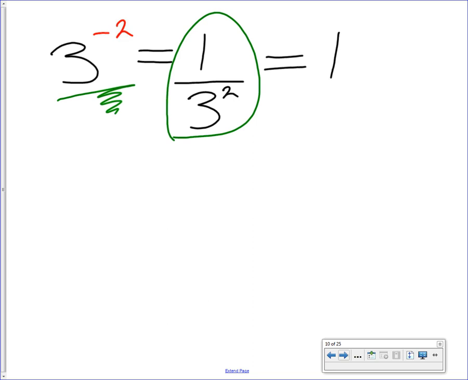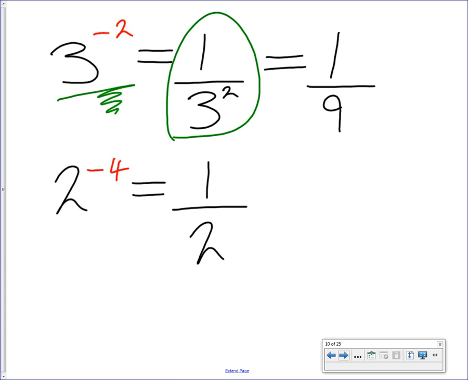So you would have 1 over 9, because 3 squared is 9. Likewise, you could have 2 to the power of -4, and that would equal 1 over 2 to the power of 4, and that would equal 1 over 16, because 2 to the power of 4 equals 16.